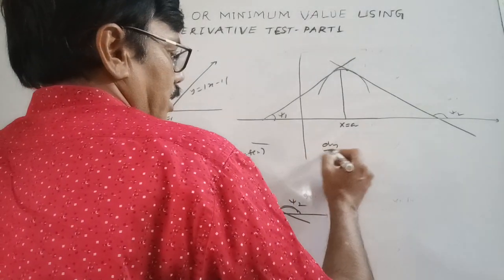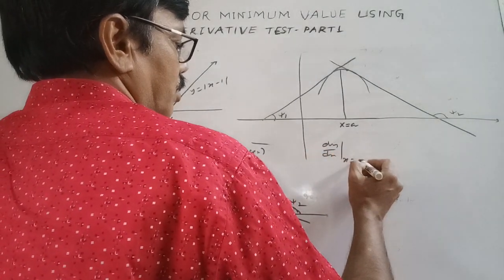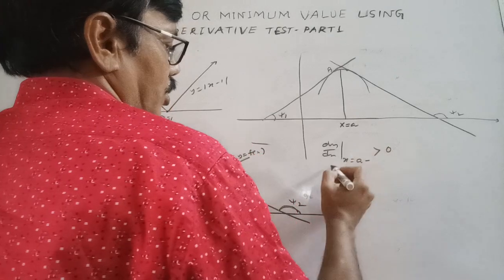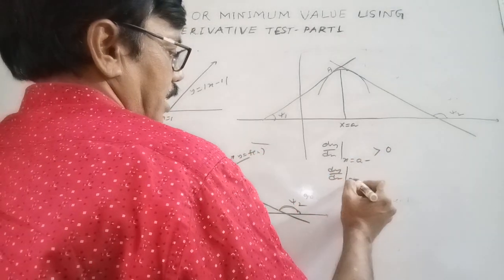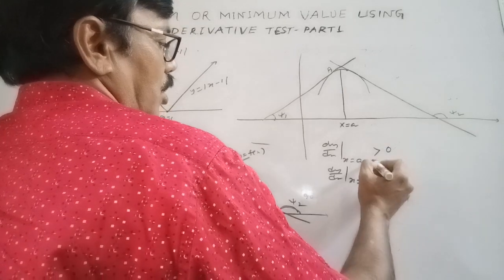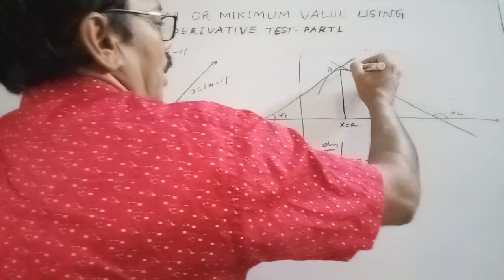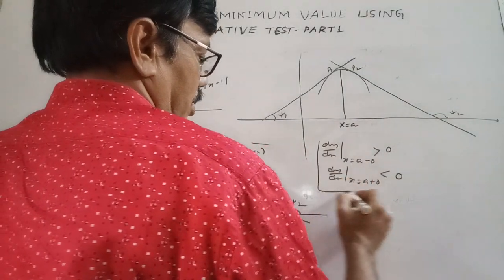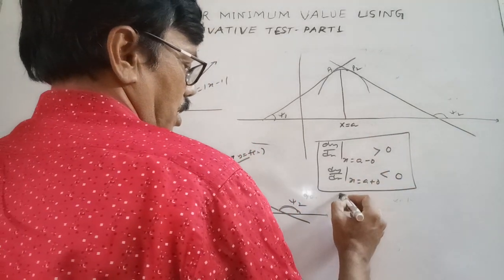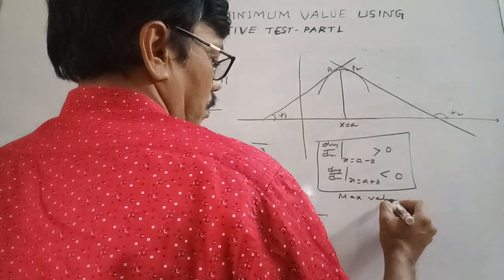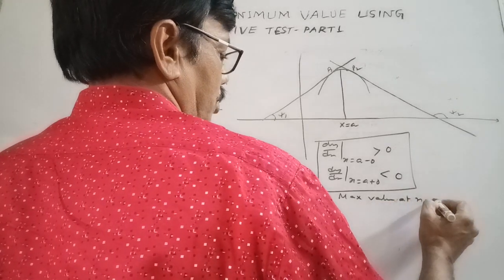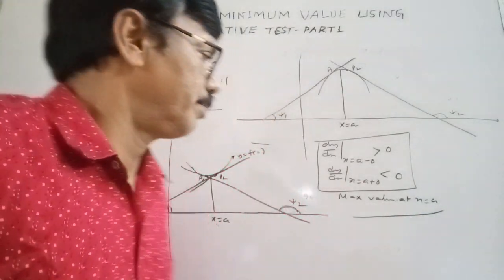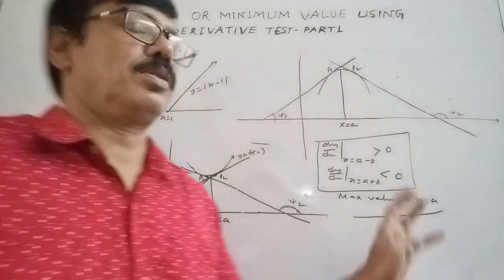So dy by dx at x equals a minus, at P1, is greater than dy by dx at x equals a plus, at P2, where psi is obtuse. So this is less than 0. So this is the condition for maximum value at x equals a. So this is just the opposite of minimum value.